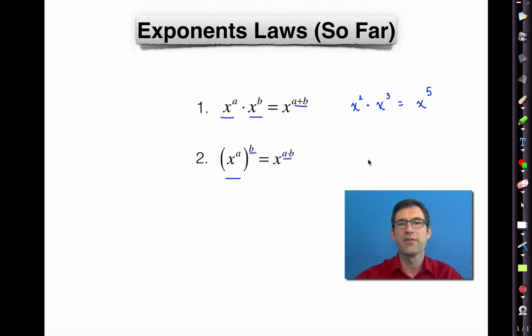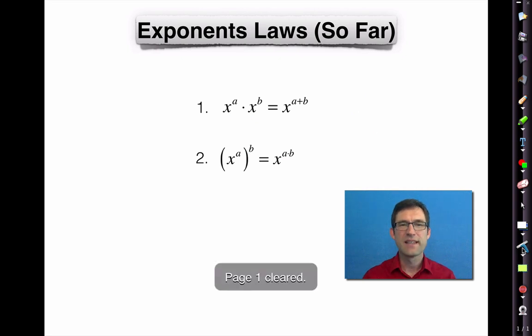Then I multiply the two. So if I have x to the fifth, quantity to the third, I get x to the 15th, 3 times 5. So the real question is, what's number 3? Right? Exponent law number 3. Well, we're going to figure that out in just a moment. So I am going to clear out this text.